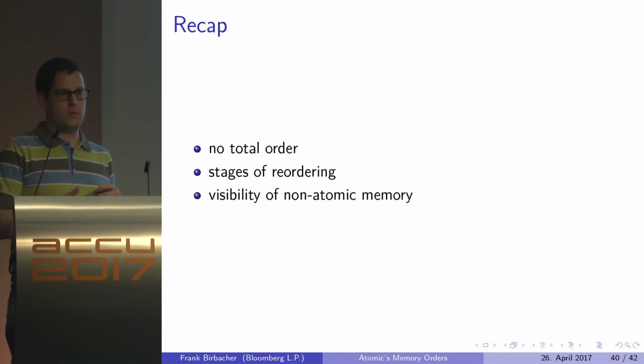The optimizer may reorder, the CPU may reorder, the memory might be distributed in certain ways that make things appear in different orders. And then these memory orders impose different restrictions on which writes to other memory become visible to your consumers or acquiring readers or relaxed readers.